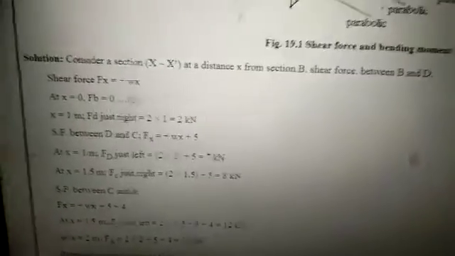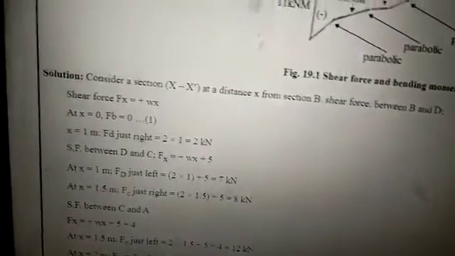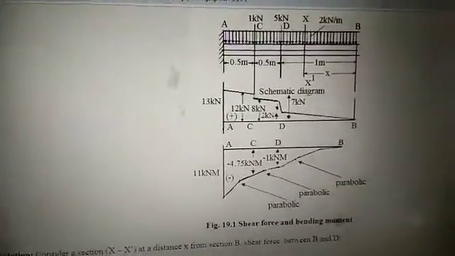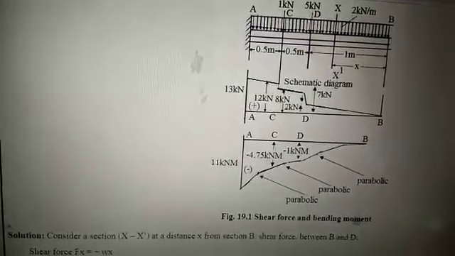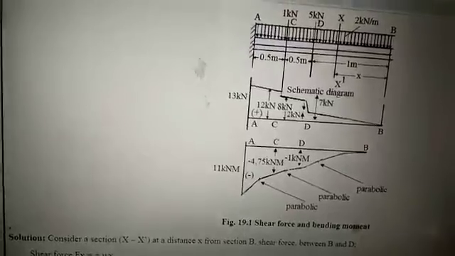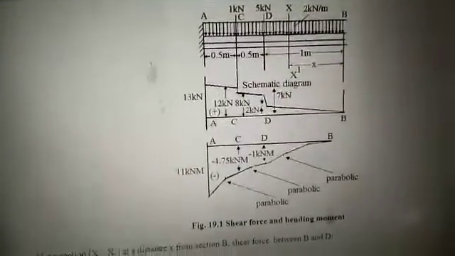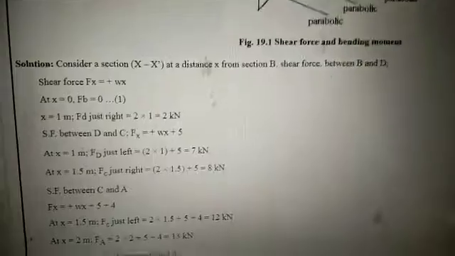In the diagram, as we have seen, a section XX between D and B is considered, which is at a distance of small x from B. So now let us start with the problem.